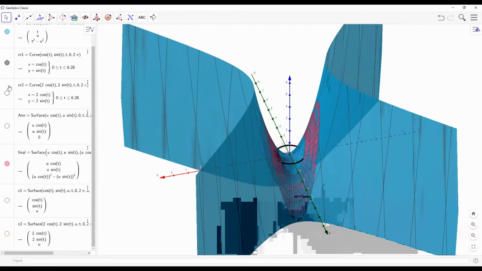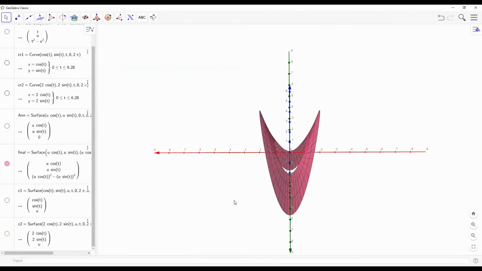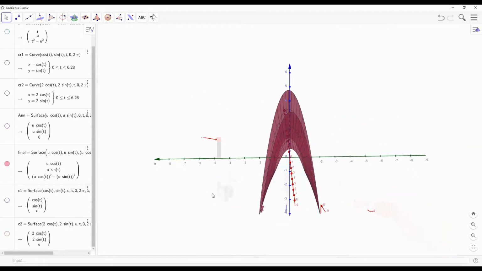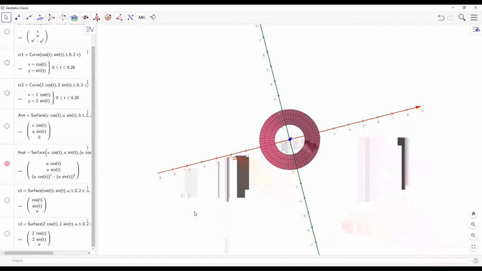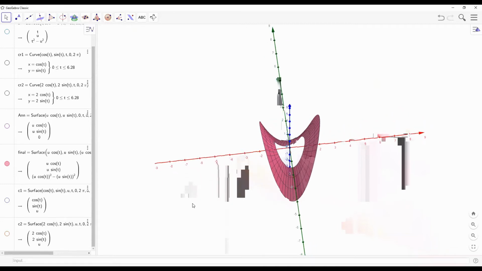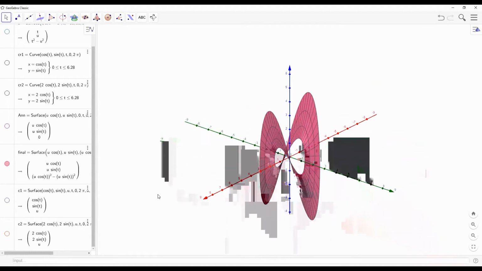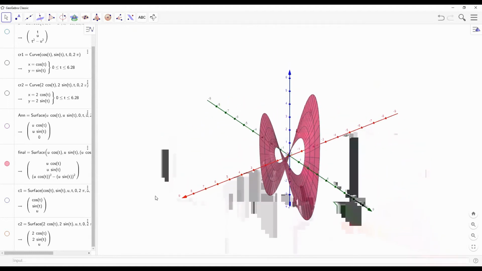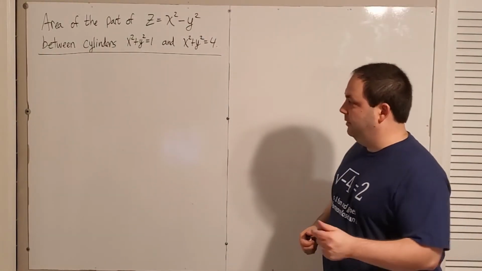And let's get a closer look at the actual shape though, what we're talking about here. So we're finding the surface area of this piece of the surface, right? From above it looks like an annulus, but when you actually get it mapped onto the surface, right, it's this weird donut Pringle, I would say. Let's calculate that surface area.